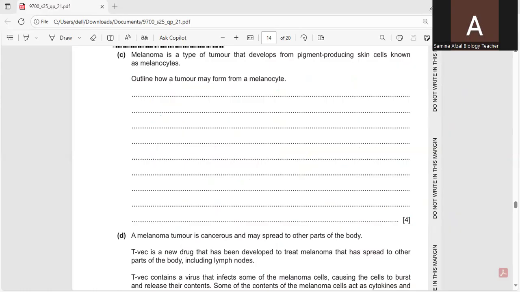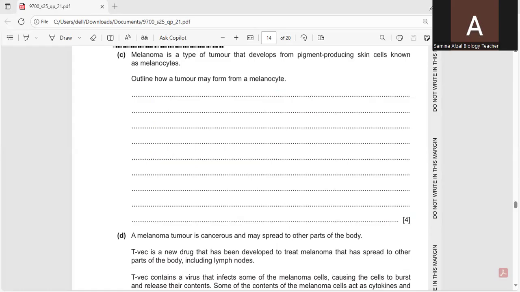So, first of all, outline how a tumor may be formed. Let me move towards this question. First of all, I would like to describe how this process takes place.